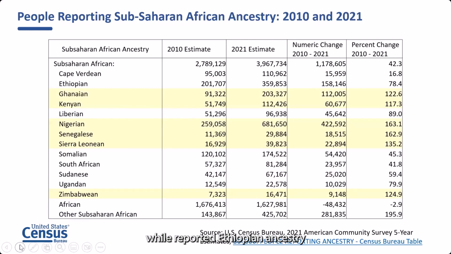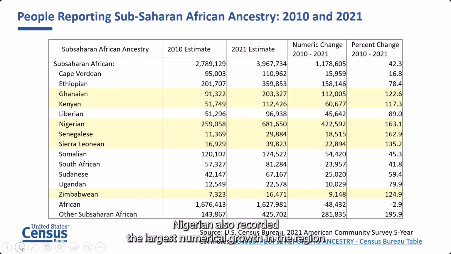While reported Ethiopian ancestry continued to grow at a substantial rate at 78.4%, as you'll see in the last column under where it says percentage change, Ethiopian was outpaced by other groups. The groups with the highest growth in sub-Saharan African ancestry from 2010 to 2021 were Nigerian, Senegalese, Sierra Leonean, and Guyanese.